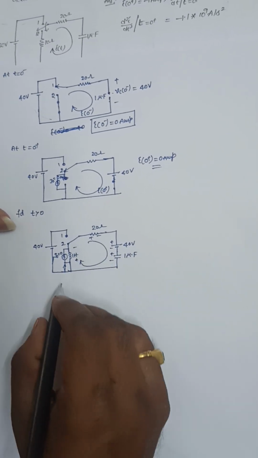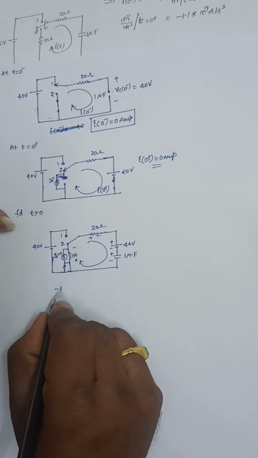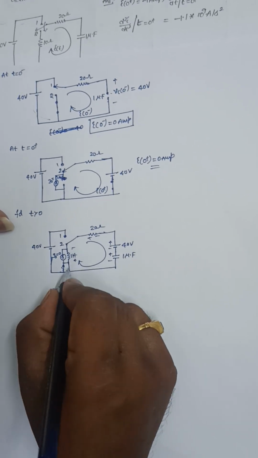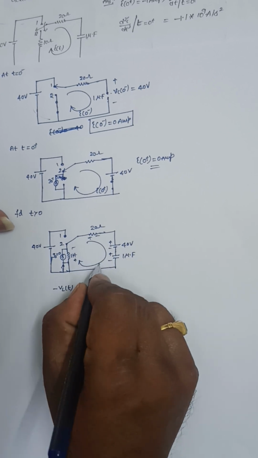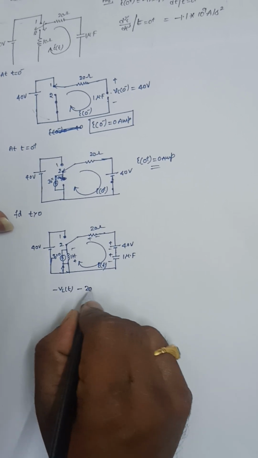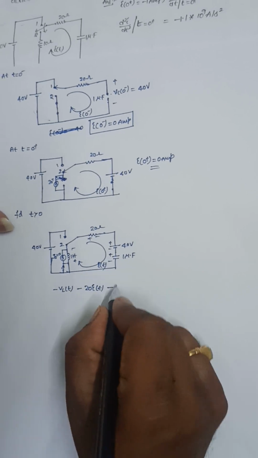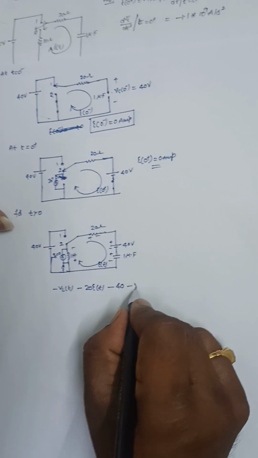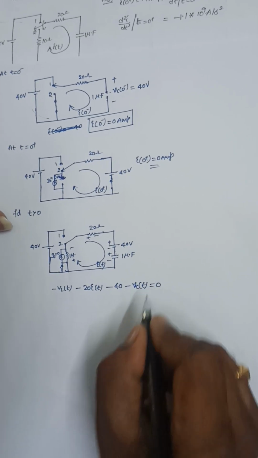So plus and minus for each element. We use the KVL equation. So it is minus VL of t, the voltage across inductance, minus 20 into i of t, minus 40, minus VC of t is equal to 0.